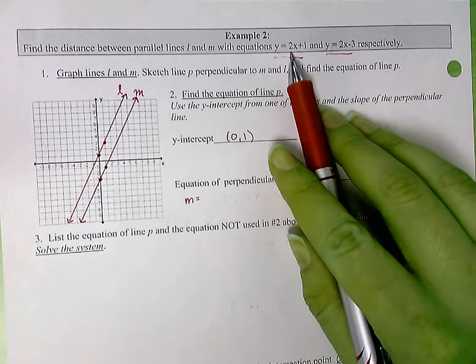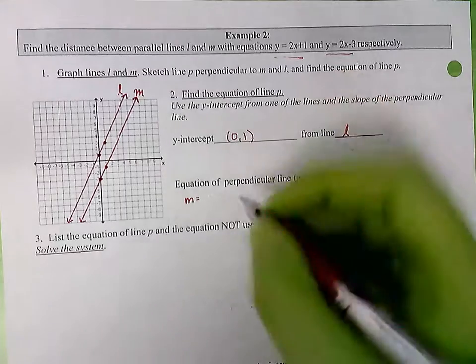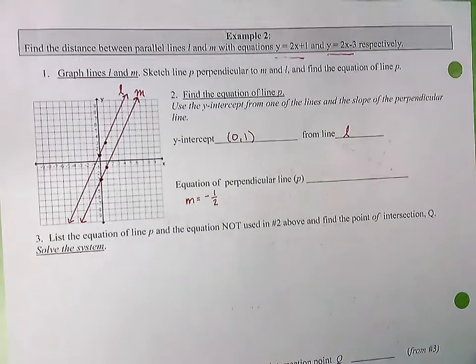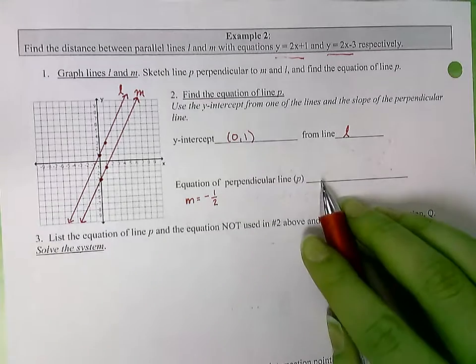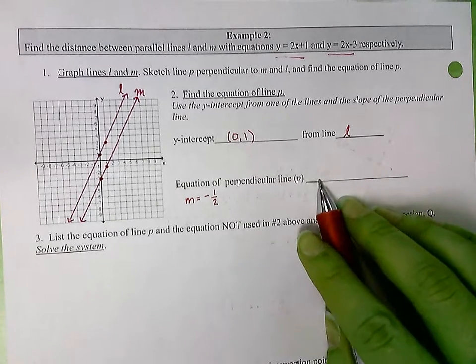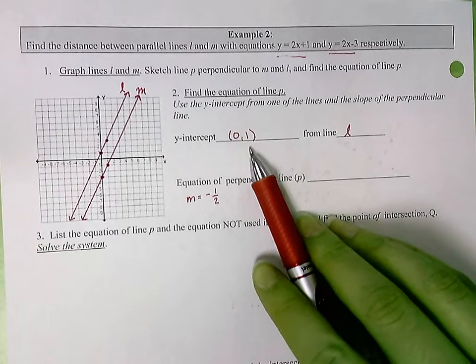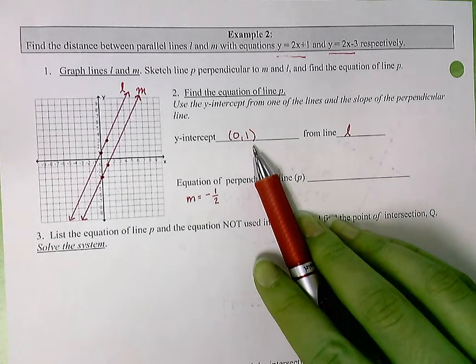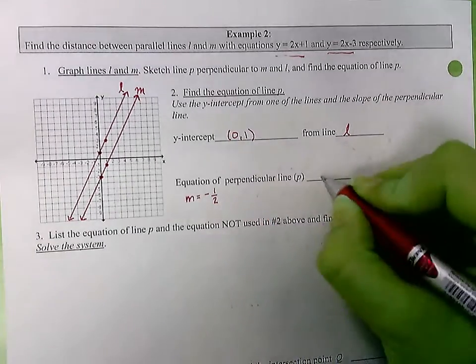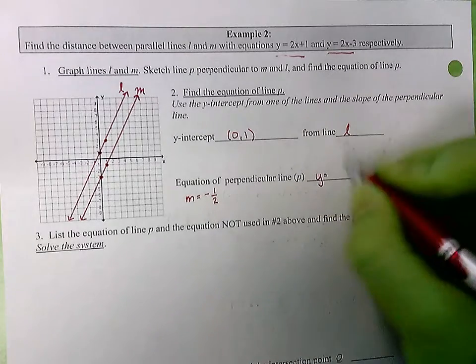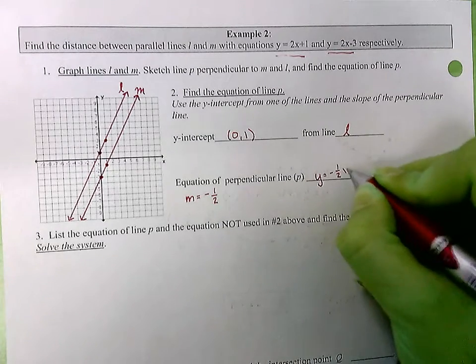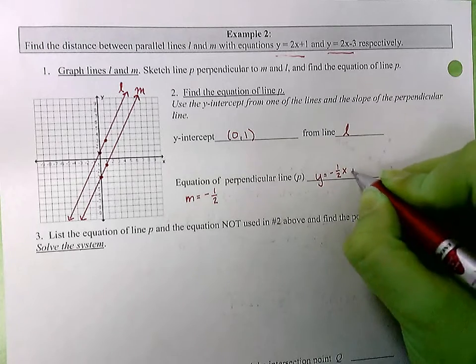So instead of 2, it should be -1/2. Then I can write out the equation of my line since I want it to go through this y-intercept. So that has to be its y-intercept as well. So my equation would be y equals -1/2 x plus 1.